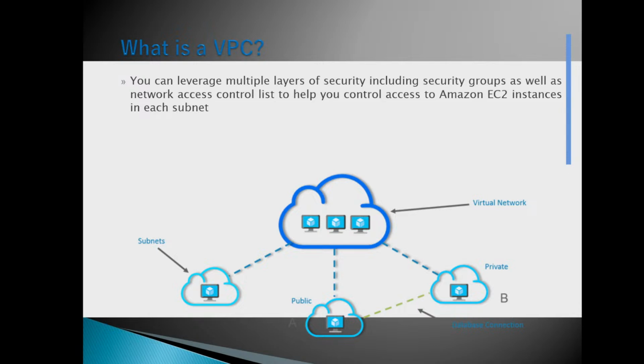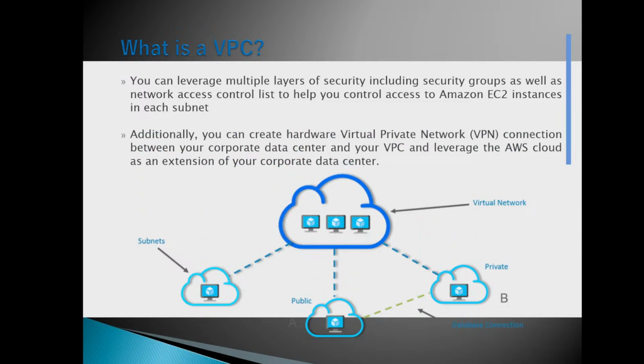Then you can leverage multi-layer security including security groups as well as network access control lists, or what we generally call NACL, to help you control access to your EC2 machines in each subnet. Now what is a subnet? We are going to cover the different types of subnets, but just remember that we get more control if we create our own VPC.